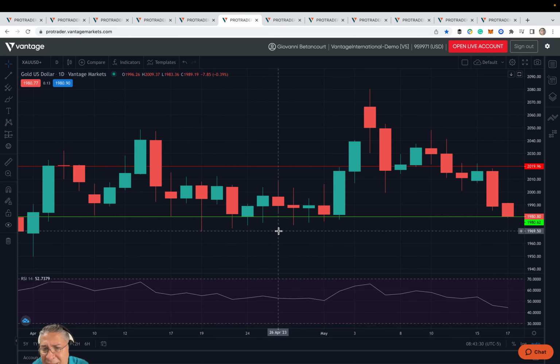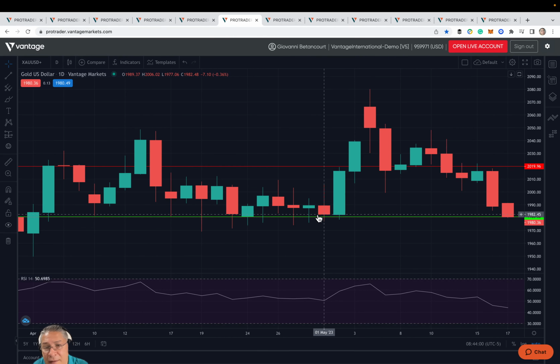Initially, 1970 could be a potential level for support if it's not found at this level. For those that are aggressive, you could try to sell the market at this moment and have your target at 1970. For those who want to be more conservative, you could wait to see if that's the case, that's a scenario, or if we actually happen to find a support here.